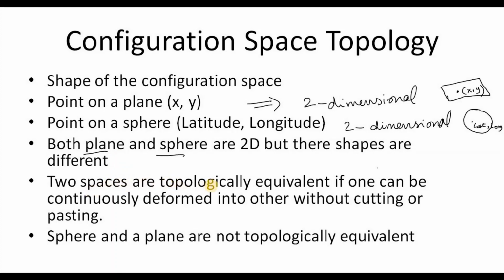Two spaces are topologically equivalent if one can be continuously deformed into the other without cutting or pasting.